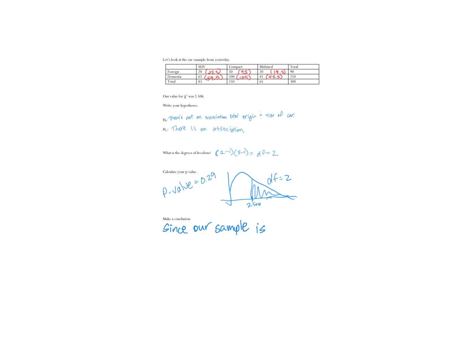We haven't talked about it in this packet yet, but it's in the old packets, that alpha level. Less than 5%. So our sample is reasonably likely because it's more likely than 5%. There's like a 1 in 3 shot that we could have gotten this sample. That's not crazy. So since our sample is reasonably likely, we cannot rule out the null.